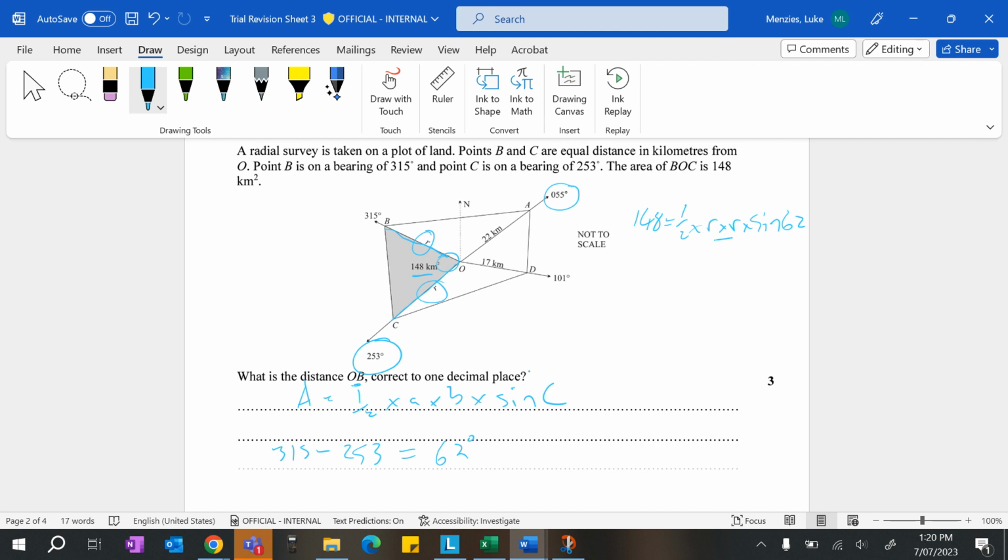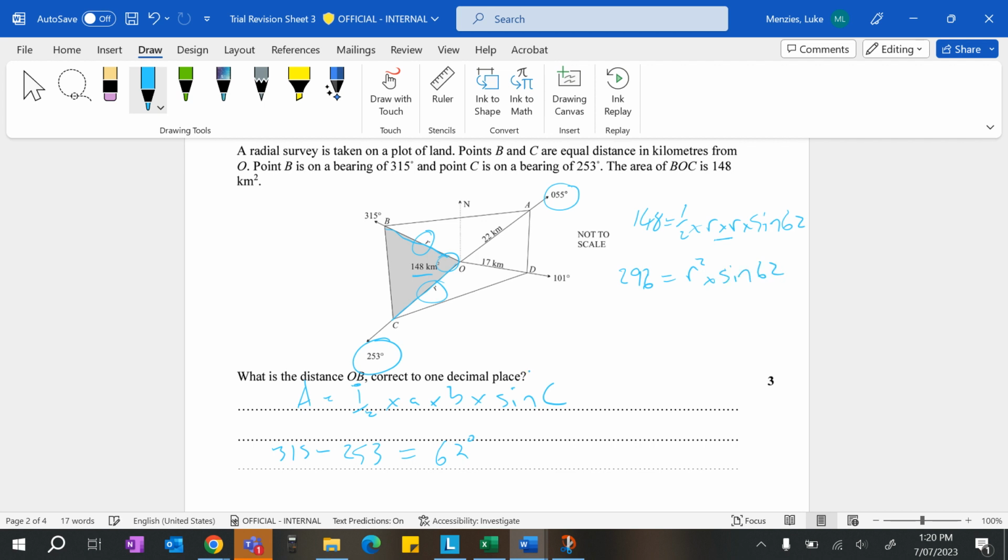We get rid of the 2 from the half, so we times the 148 by 2. I'm just going to double it. That's 296. Is equal to, now what's R times R? R times R is R squared, and times sine 62. I'm going to leave that there for a second.